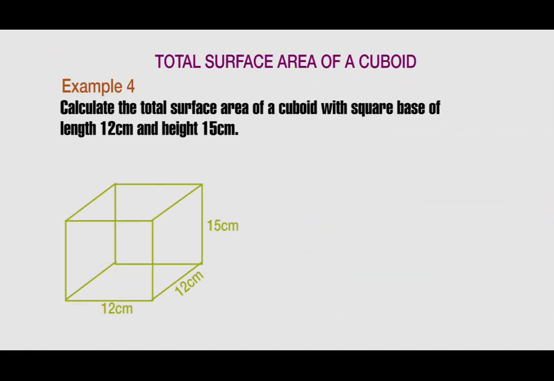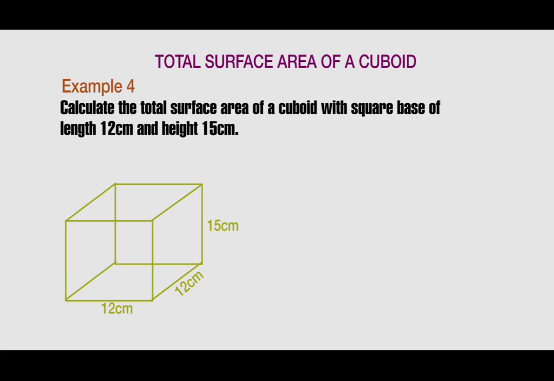Calculate the total surface area of a cuboid with square base of length 12 centimeters and height 15 centimeters. Let's look at the solution. We first draw a diagram to illustrate the cuboid, as you can see on the screen.